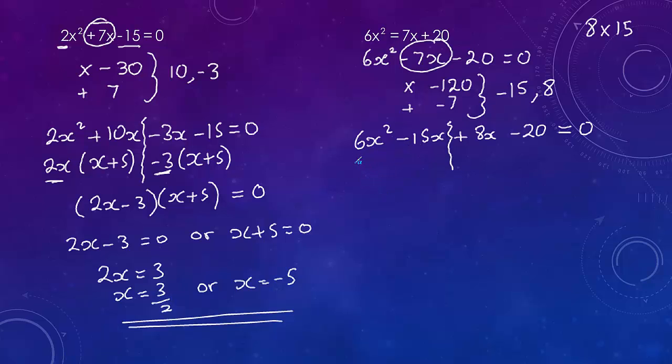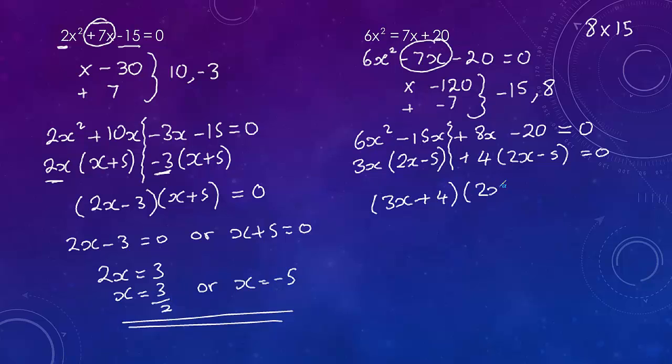And we've got a common factor of 3 that can come out, and also an x. And then I'd have 2x take away 5. And over here, I can take out a common 4, and then I'd have 2x take away 5. And so my first bracket is 3x from here with the plus 4 from there.